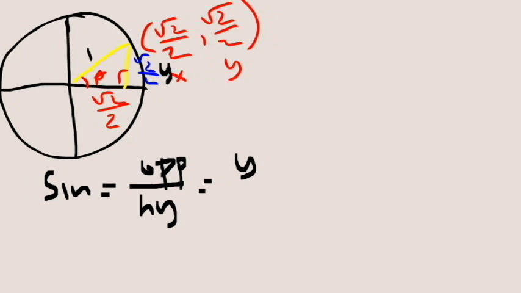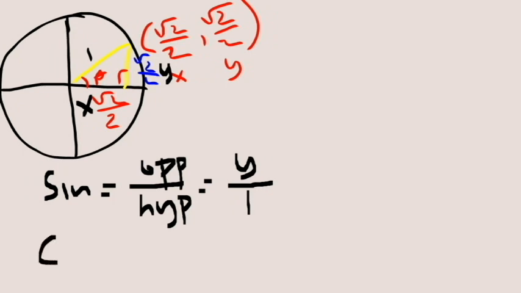With respect to this figure, our opposite is y with respect to the y-axis, and our hypotenuse is the radius 1, the longest side of this right triangle. So sine, opposite over hypotenuse, is equal to y over 1.